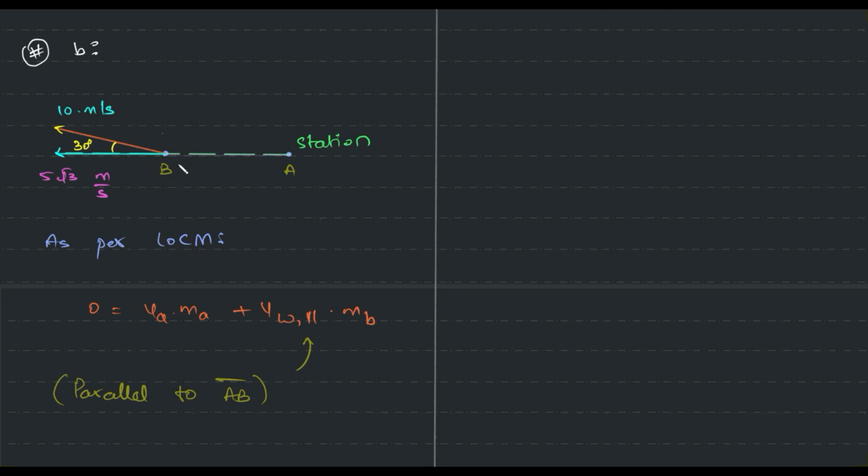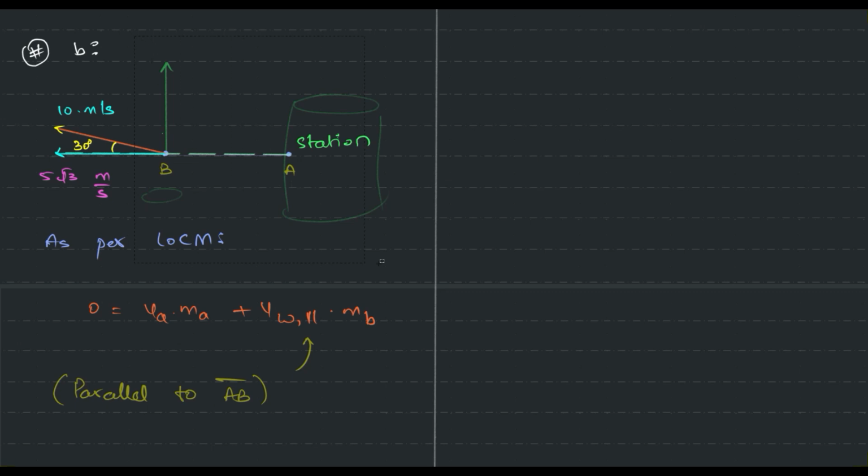If this parallel component gets lesser and lesser, let me ask you this question. If she had thrown this way, do you think she would have reached the station, if this was the station? No, right? She would have gone flying this way. Should have been lost forever, actually.